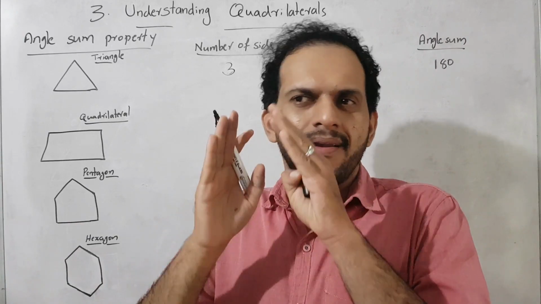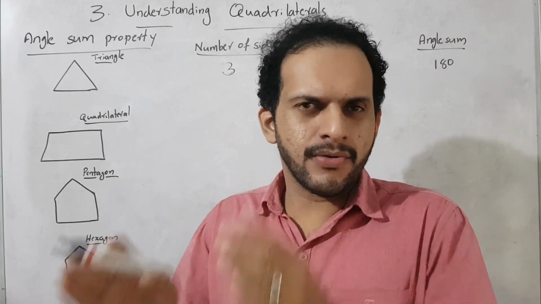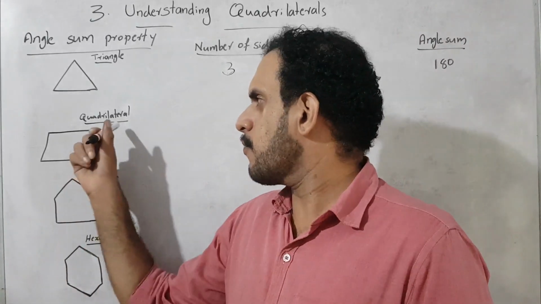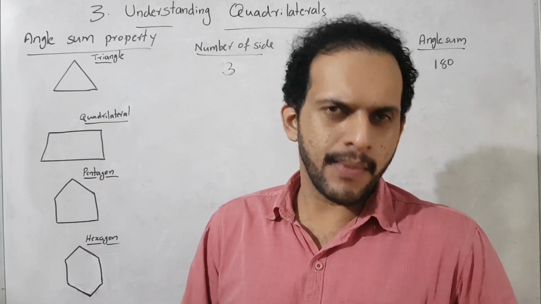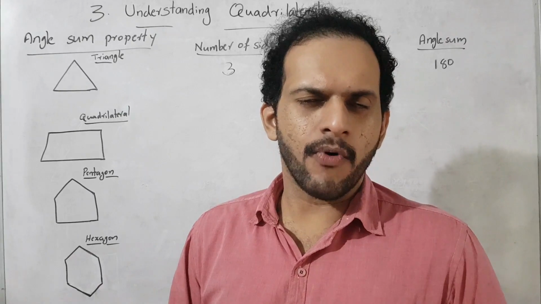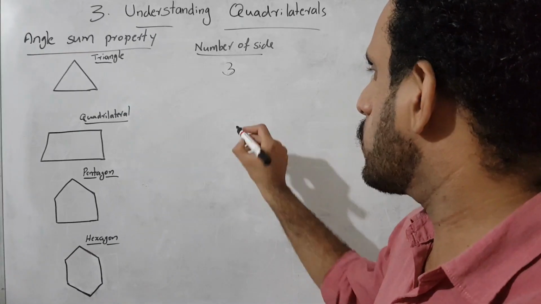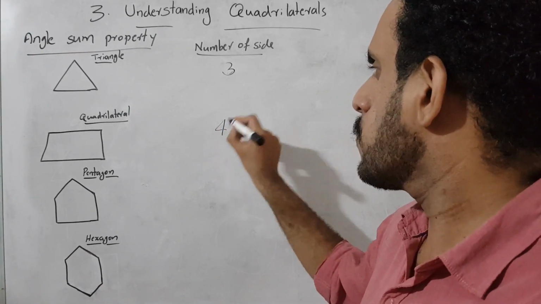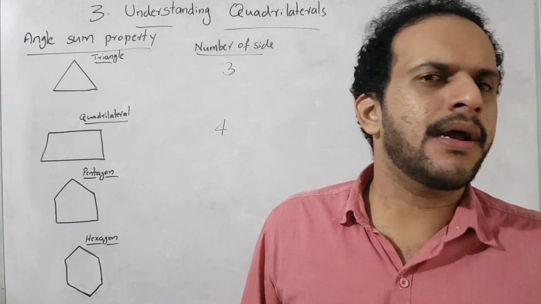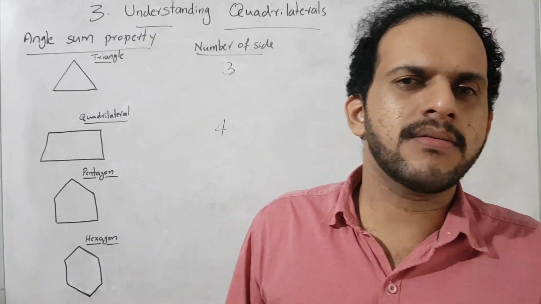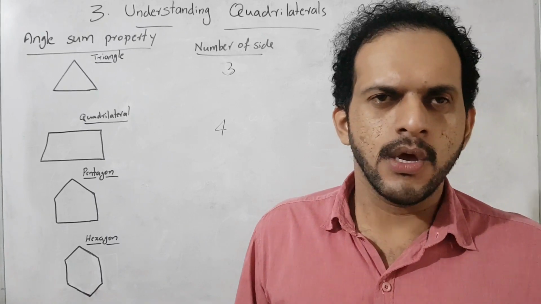Then we start from the least polygon, that one is the triangle. So next we need to find the angle sum of a quadrilateral. A quadrilateral is a 4-sided figure, correct? The number of sides is equal to 4. We don't know the angle sum of a quadrilateral, we know only the angle sum of a triangle, correct?